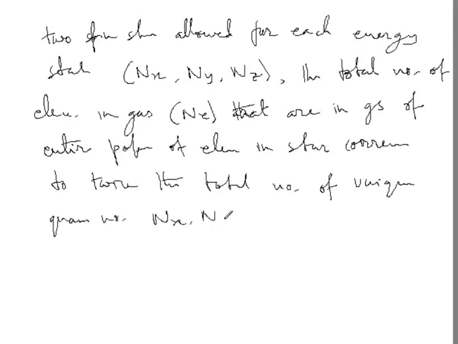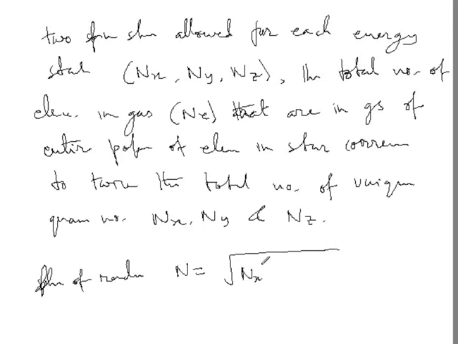nx, ny and nz. Since there are a very large number of electrons in a typical stellar core, the discreteness of the states washes out, and the number of unique quantum numbers corresponds to the volume of 1/8 of a sphere of radius n.